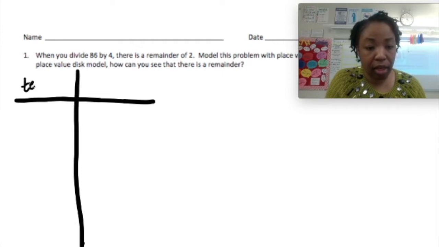And I need a tens column and a ones column because my total is 86 and 86 has 8 tens and 6 ones, and so I need to model that. Okay, so I'm going to do 8 in the tens column, 8 tens.